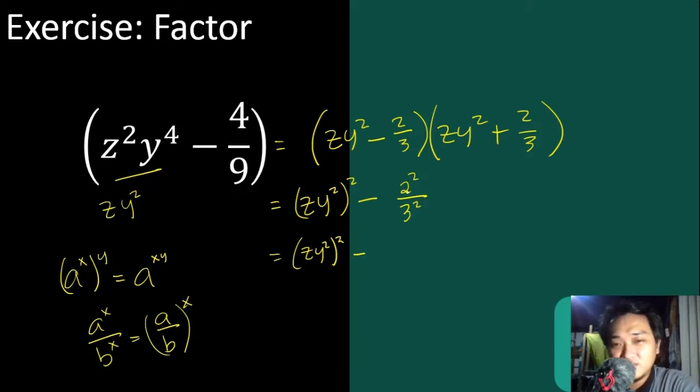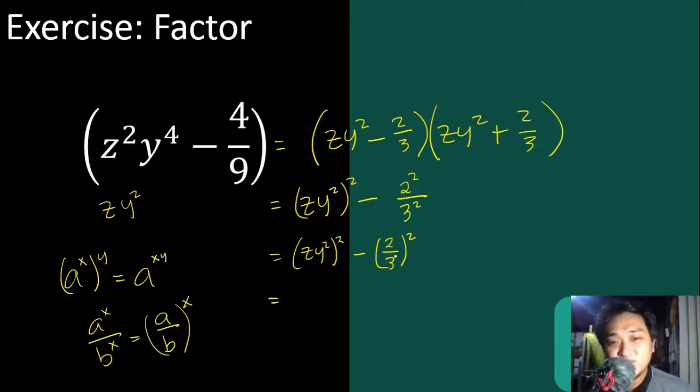So 2 raised to 2 over 3 raised to 2 could also be expressed as 2/3 squared. Ngayon, kung doubtful tayo kung tama ba yung naging powers of powers natin, ang gagawin lang naman natin, 2 raised to 2 is 4 and 3 raised to 2 is 9. So pumabalik tayo sa original problem natin.